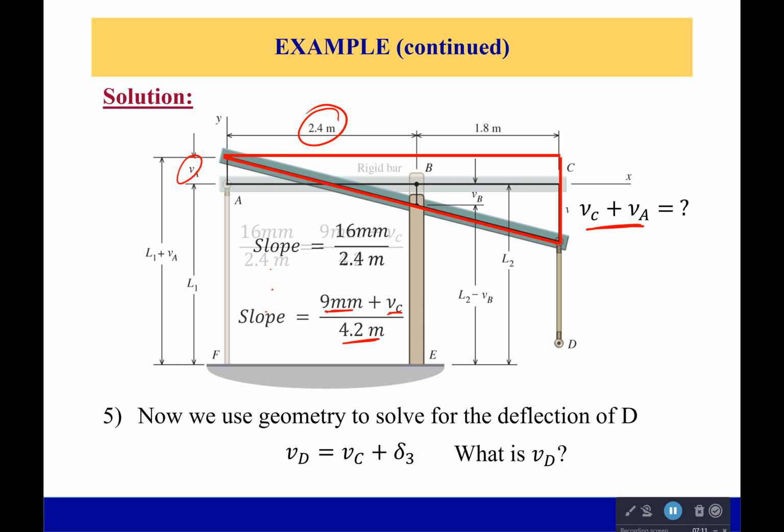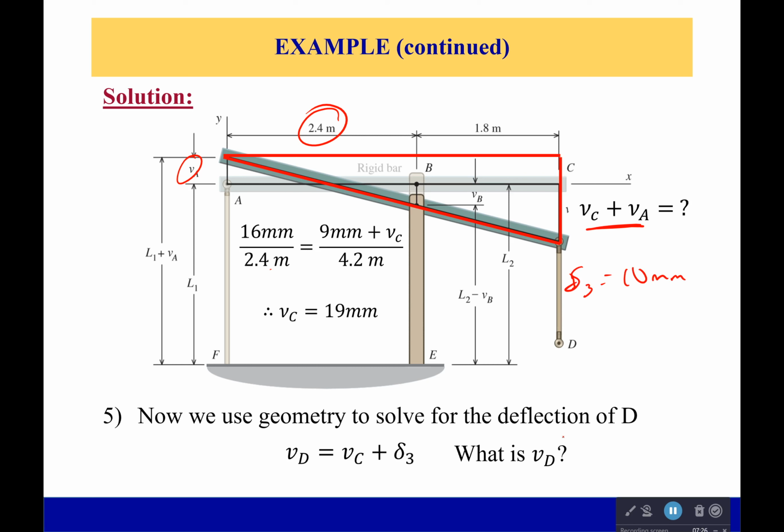And both of those slopes are the same. So if we use that, we can solve for the deflection at C, which would be 19 millimeters. And since the elongation of this rod, delta 3, was equal to 10 millimeters, our deflection at D would be 29 millimeters.